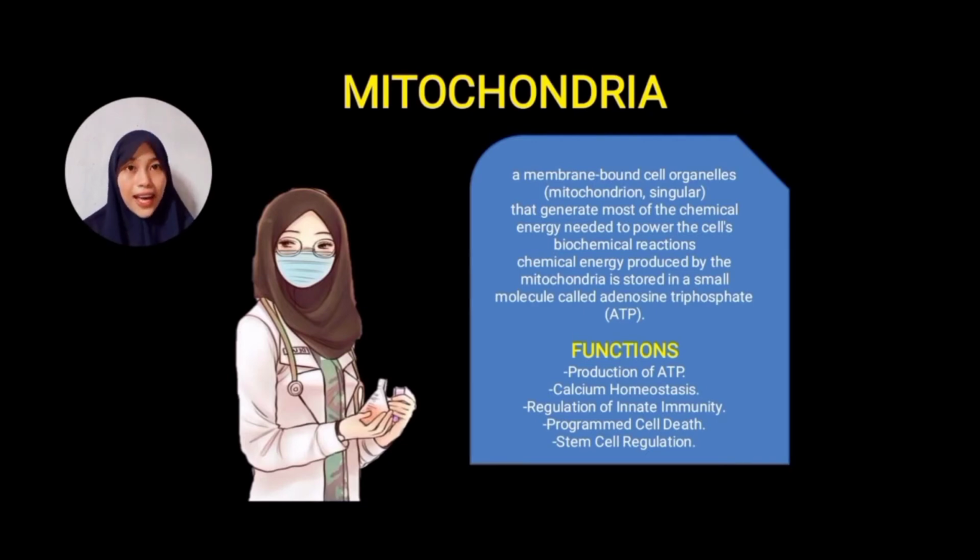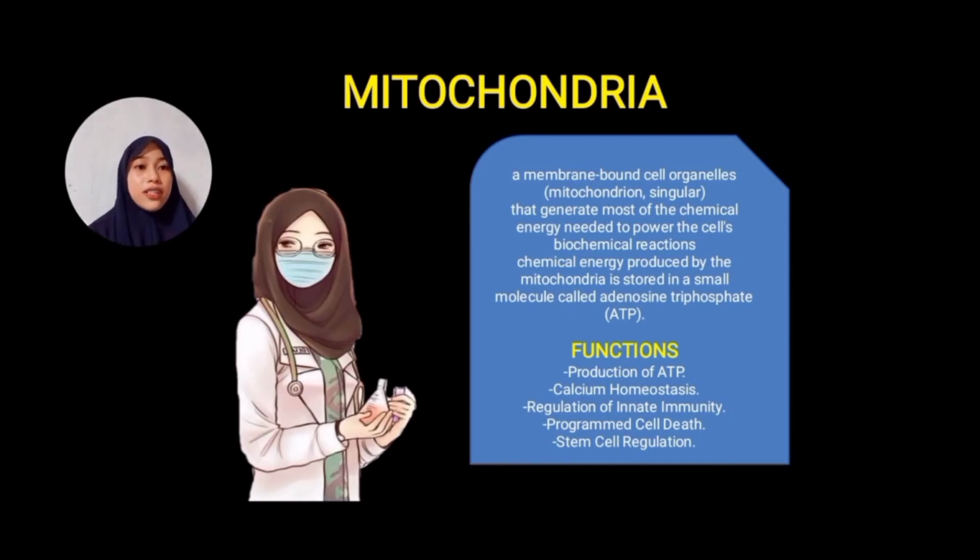So that's why regulation of innate immunity is connected to mitochondria. The fourth function is programmed cell death. It is a major component of normal development and preservation of tissue homeostasis. In this view, it is discussed the central role of the mitochondria in the integration of the cell death pathway.